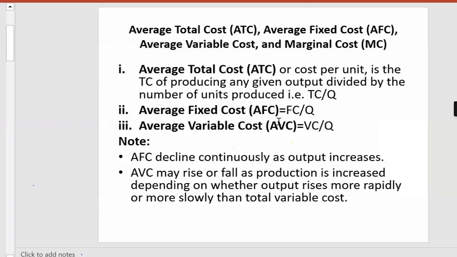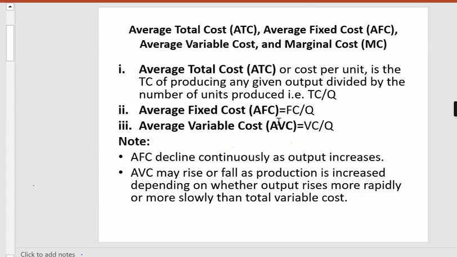So let's see. When you say total variable cost, these are just similar computations to what we did last time. When you say average total cost, this means you have to take the total cost divided by the quantity. It is the total cost of producing any given output divided by the number of what? Units produced.